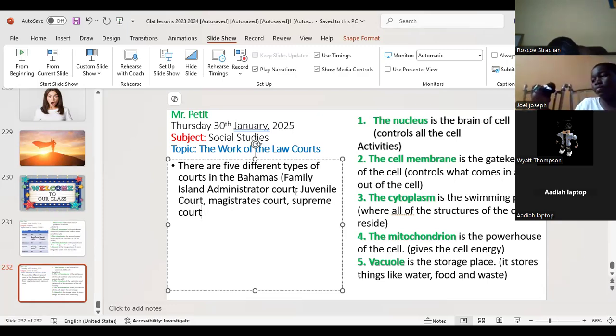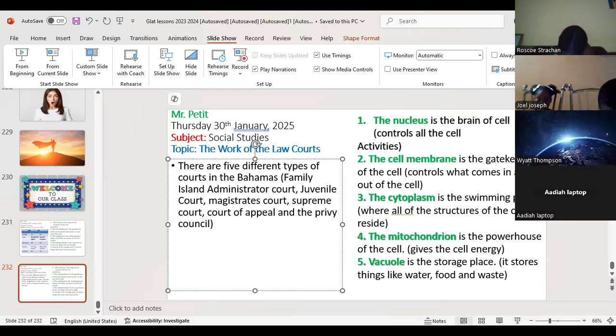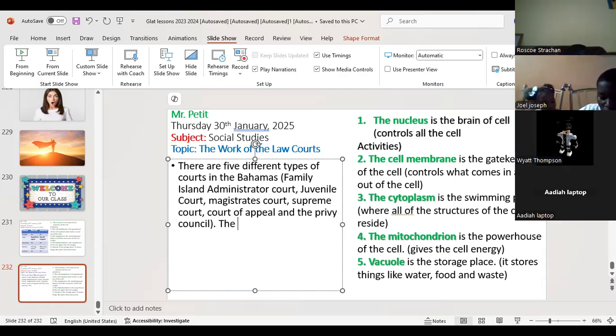You have the Court of Appeal. And you have the Privy Council. These are the different types of courts that we have. Now, that's five: Family Island, Juvenile, Magistrate, Supreme Court, Court of Appeal, and Privy Council.